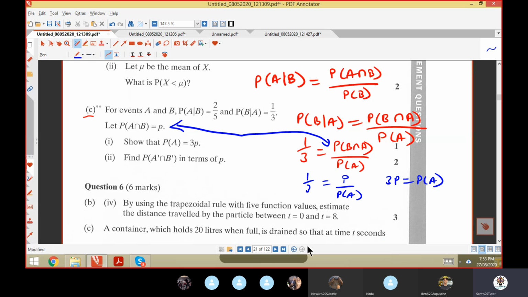Does that make sense? So P(B and A) is equal to P. Anyone have any questions about this? That was an easy one.